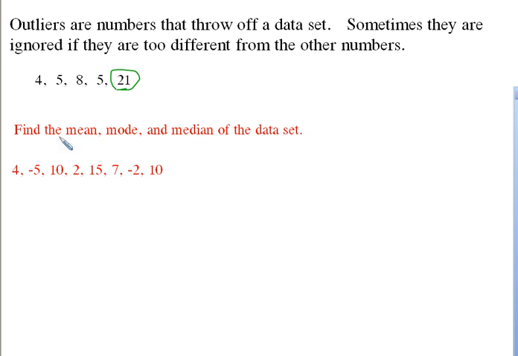So one more time, find the mean, mode, and median of the data set. For the mean, I add them all up. 4 plus negative 5 is negative 1, plus 10 is 9, 11, 26, 33, 31. I'm just adding this up in my head. 41. So 41 is going to be the total amount. I'm going to then divide that by 1, 2, 3, 4, 5, 6, 7, 8. And what I'm going to end up with is 40.